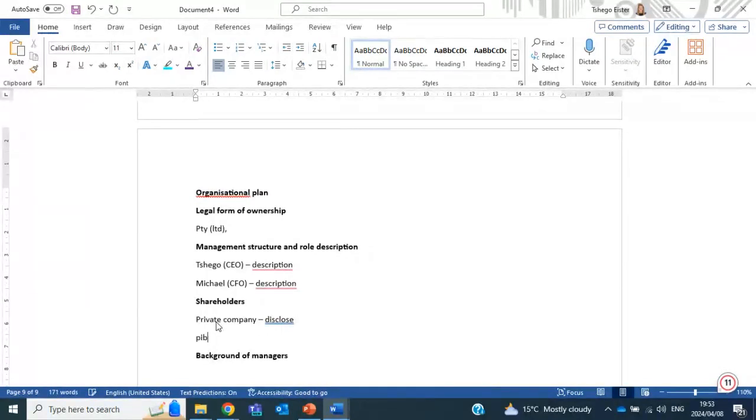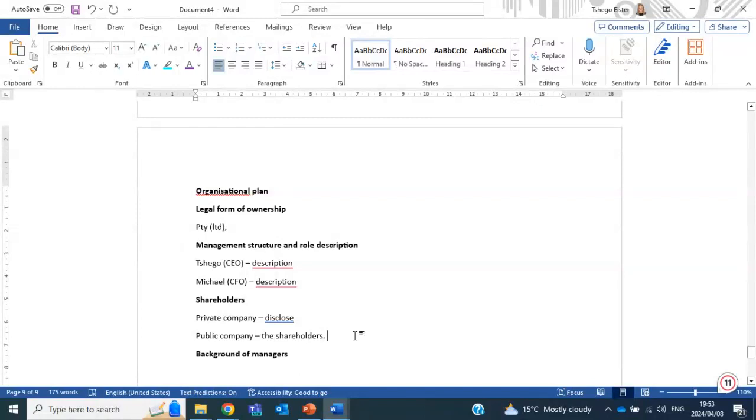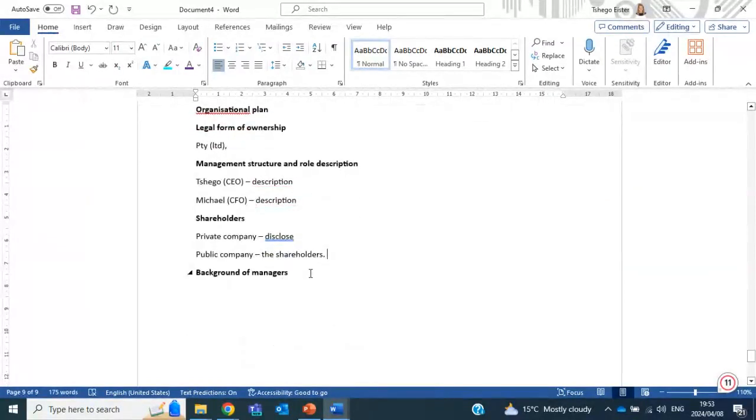Whereas if it's a public company, the shareholders are unknown because it's a lot of people who buy a share here and there. Sometimes it's companies, sometimes it's people. So it's a little bit difficult with shareholders. All we can then maybe say is that it's a public company, how many shares they have issued and how many shareholders there should be.